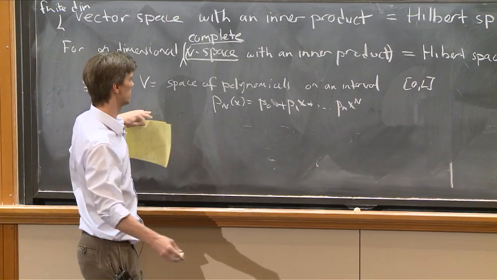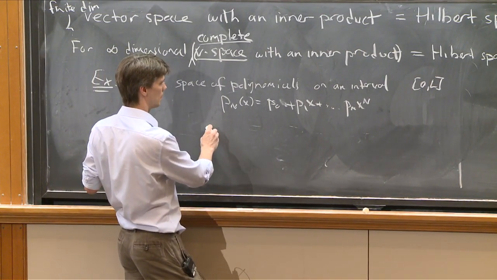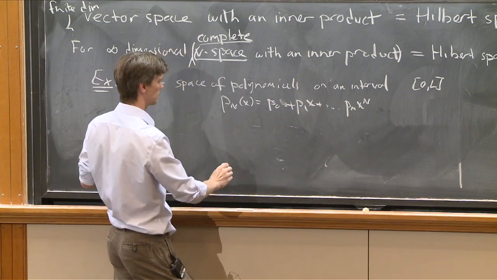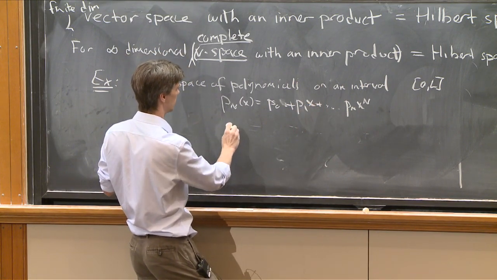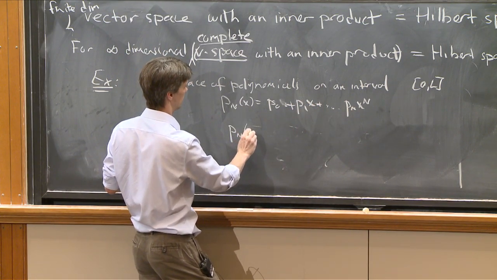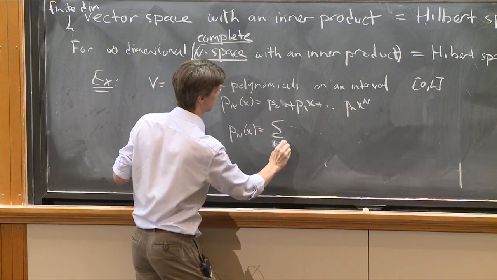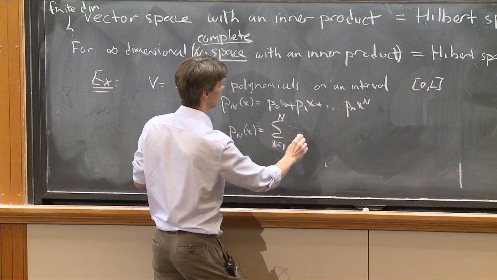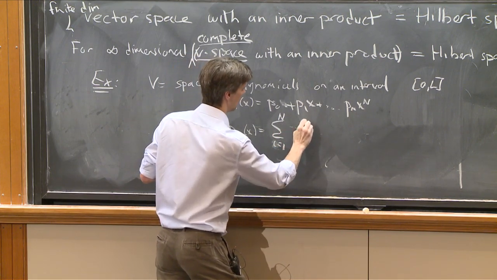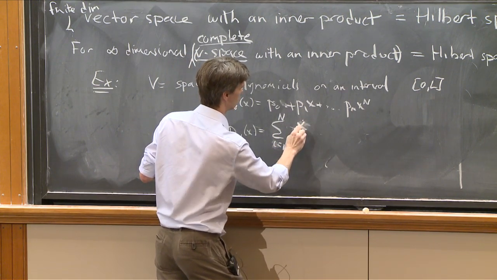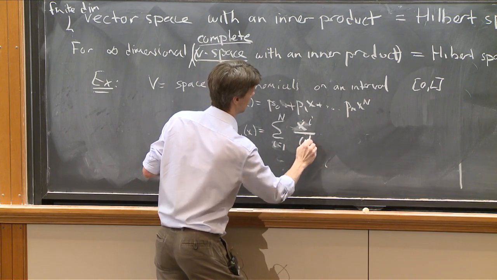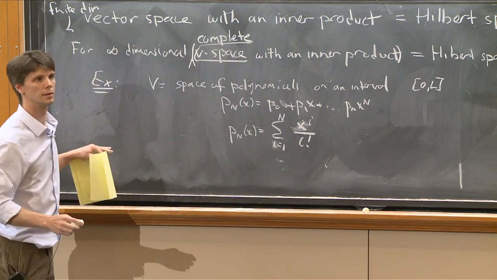There are things that will live in the completed vector space that are not of this form. For example, if I take n larger and larger, I could write Pn of x as the sum over i equals 1 up to n of x to the i over i factorial, right?